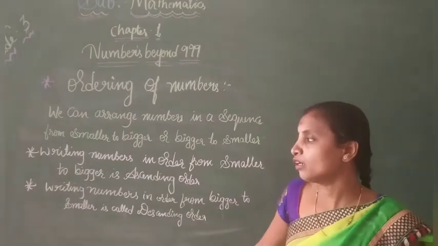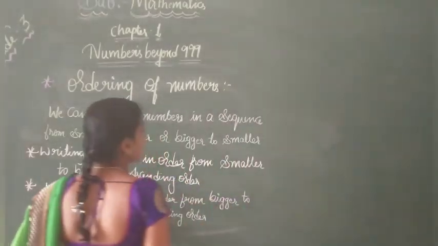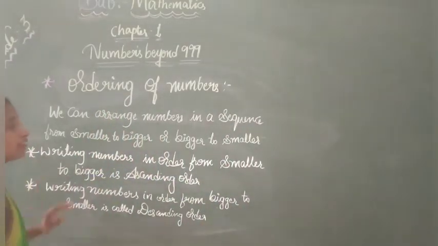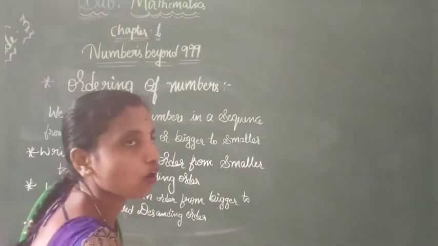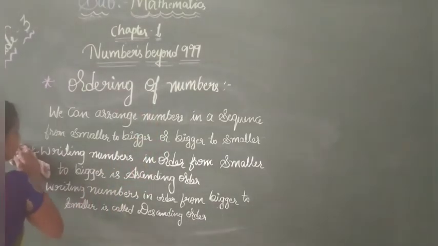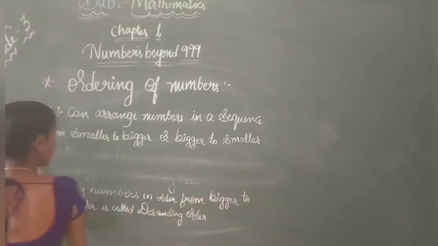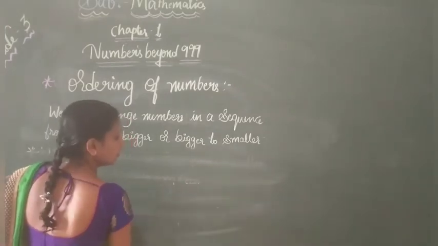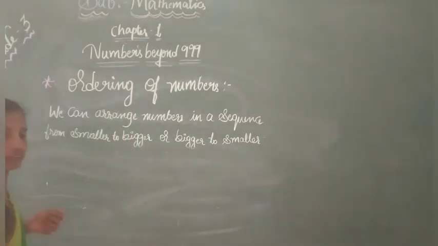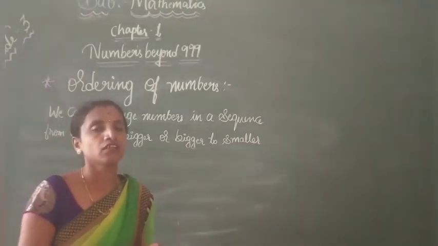Is it clear? I will show one sequence. You have to tell both ascending and descending order. Okay? Look. What is ascending order? I just explained it. Tell me, what is ascending order?